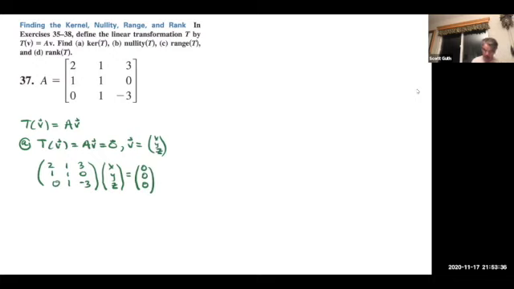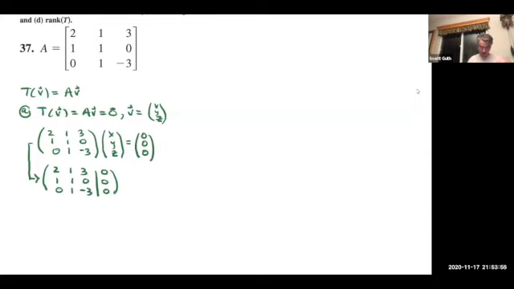So if I want to solve this using an augmented matrix, I would do this, and row reduce. I'm going to go ahead and just give you the result of this.